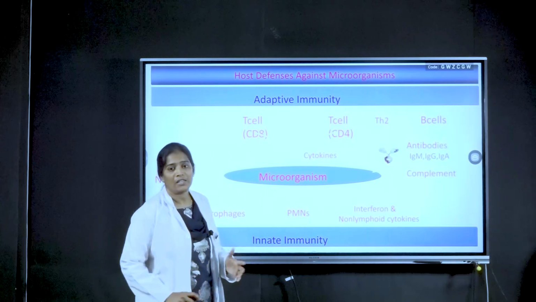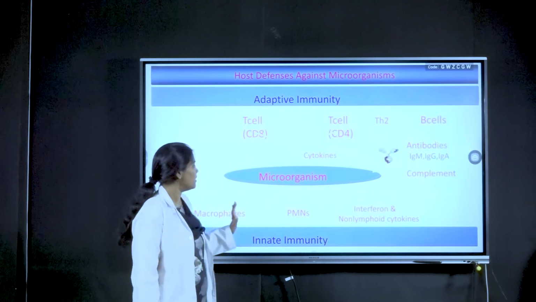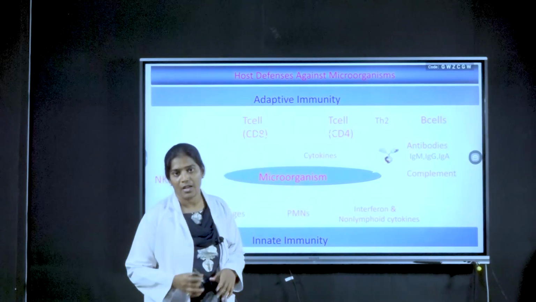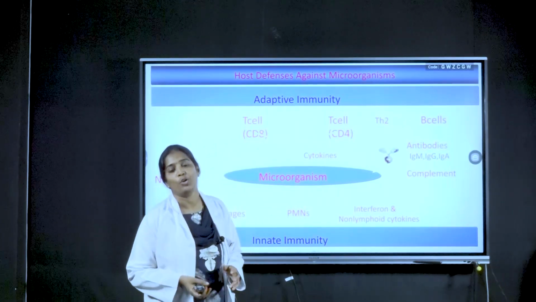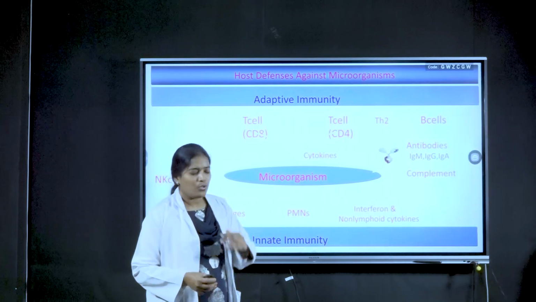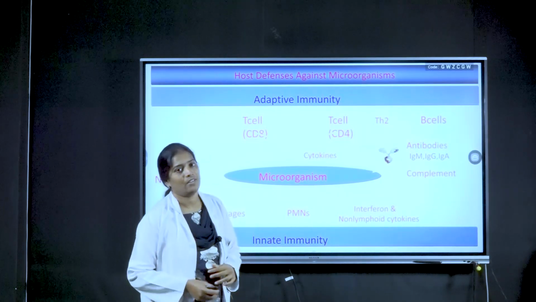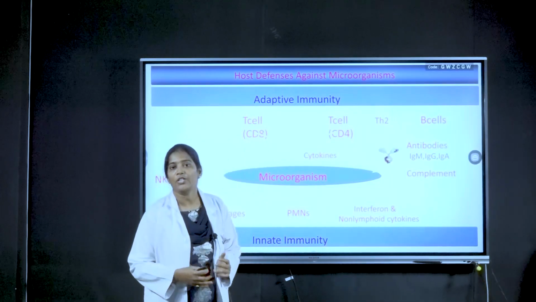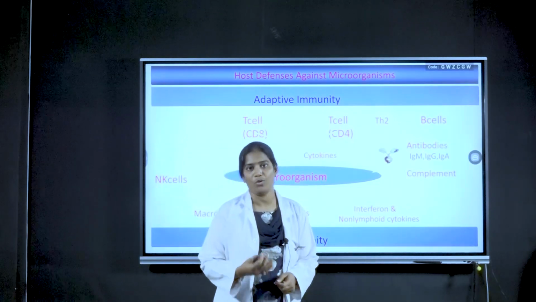These innate immune cells, like macrophages and PMNs, have the capacity to act as antigen presenting cells. That means they can reveal the receptor sites so that they can be detected by the lymphocytes, that is, adaptive immunity.